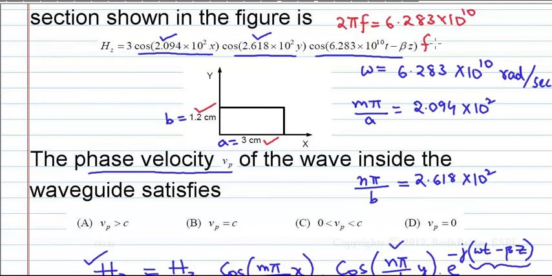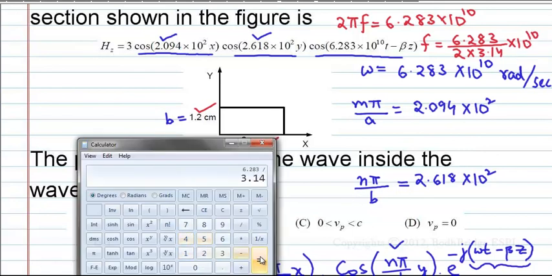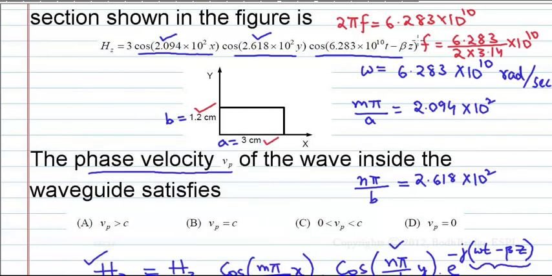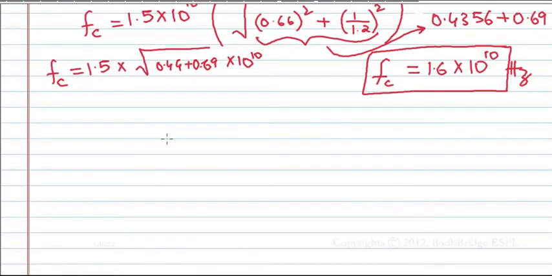What is the frequency? f = 6.283 / (2 × 3.14) × 10¹⁰, which is about 1.0004. Therefore, the wave is traveling at f equal to 1 × 10¹⁰ hertz.